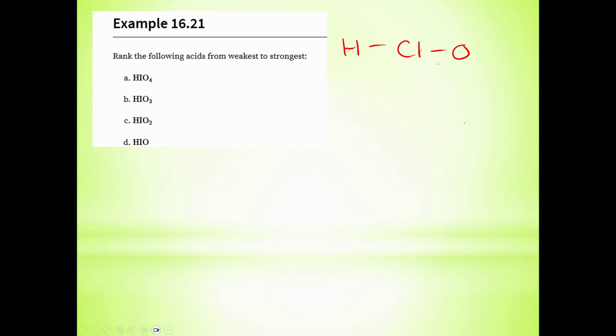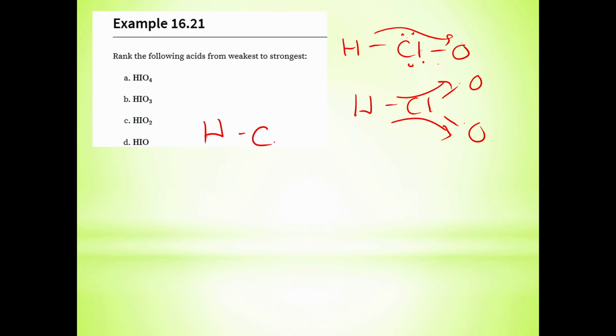So if I just have that guy, I've got one oxygen pulling. As soon as I add 2 oxygens, I've doubled the strength. By the time I get to 3, I now have 3 oxygens as well as the chlorine pulling.